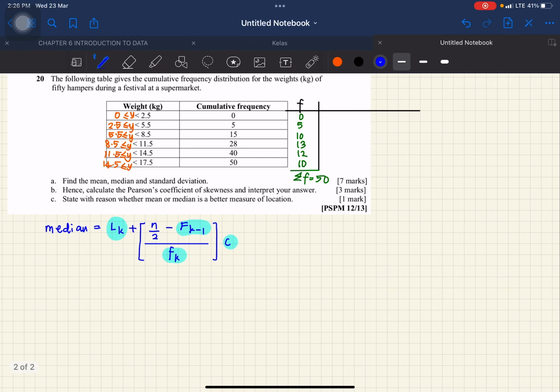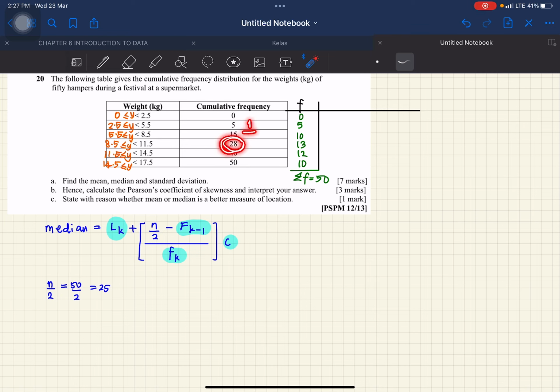So the median class. Our total is 50. 50 divided by 2, you will get 25. So at the 25th observation, that is where your median class is. If you take a look, focus on the cumulative frequency, it's easier. Here is zero, here is 5, here up to 15. But we want 25, so 25 is between these.